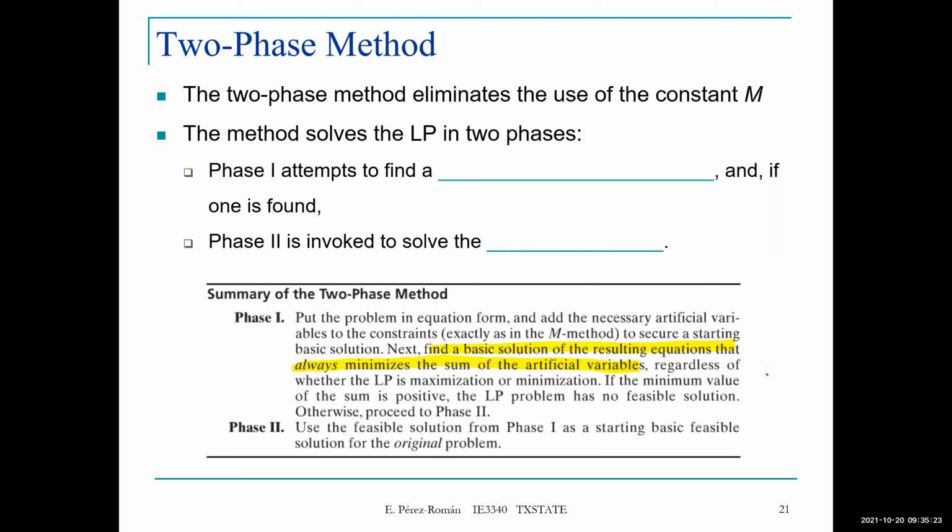In the second phase, we are bringing back the original objective function into the problem, and we bring the coefficients from the solution of the first phase into the tableau. We need to make sure that the second phase tableau is consistent with the solution. So we have to perform some elementary row operations before we apply the simplex algorithm and find the solution for the problem.